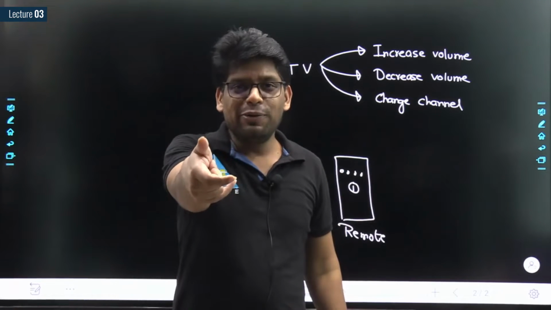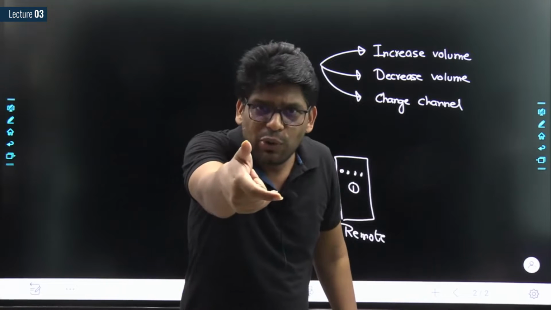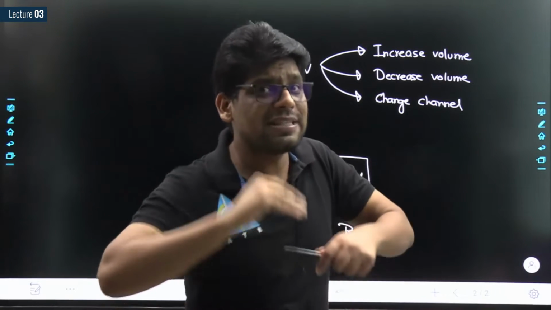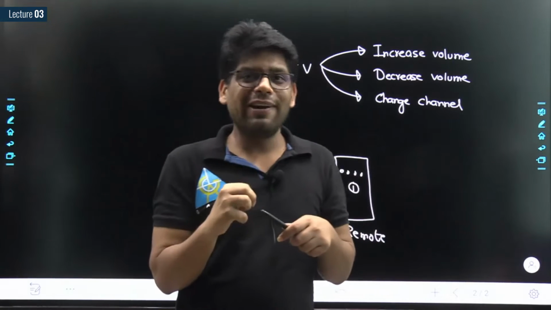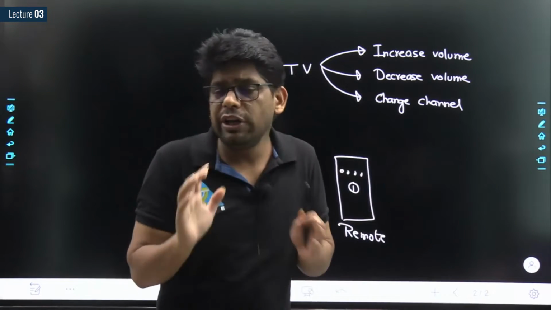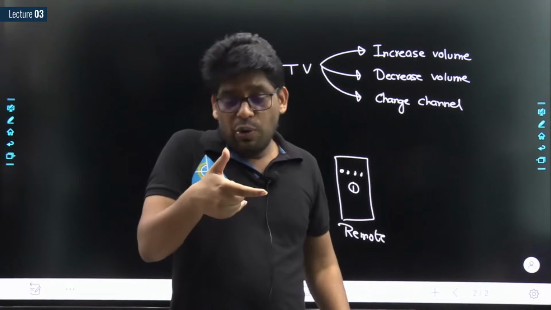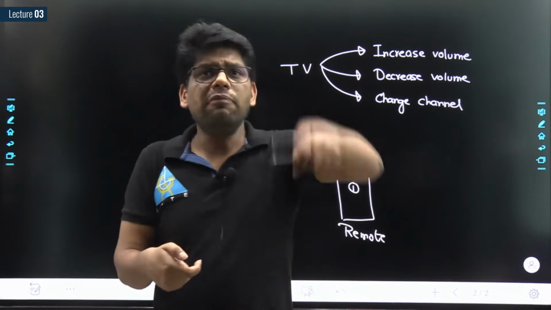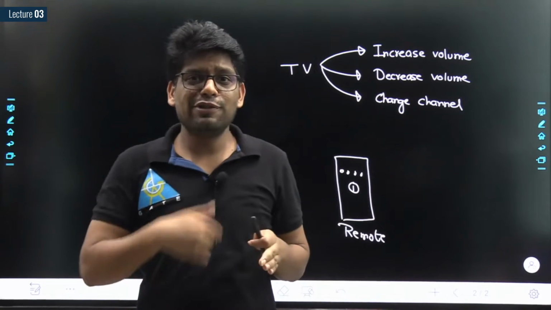Sir, we change the channel through a remote. Do we need to know how this is happening? What is the code written behind? What is the technology that is working? Do we need to know? How, on the press of this button, some functionality within the television is running?